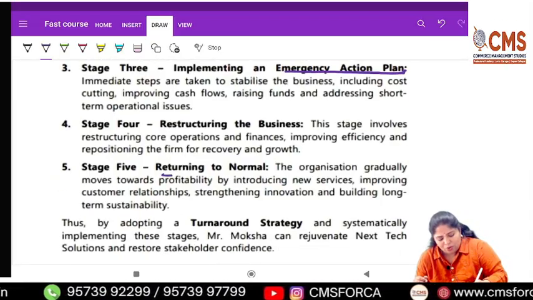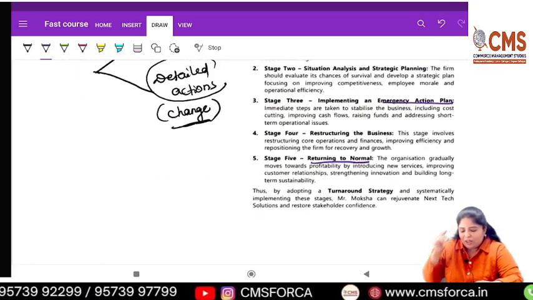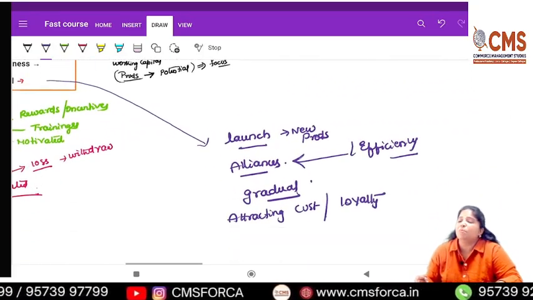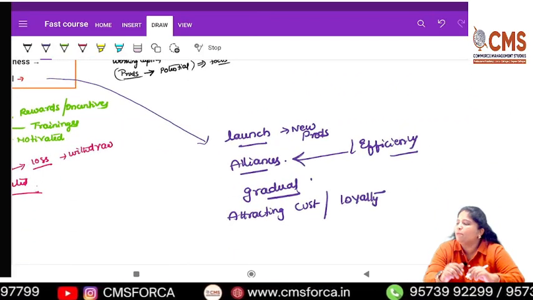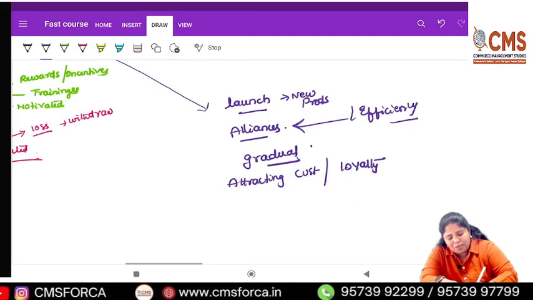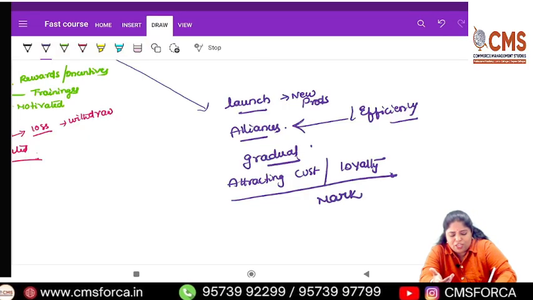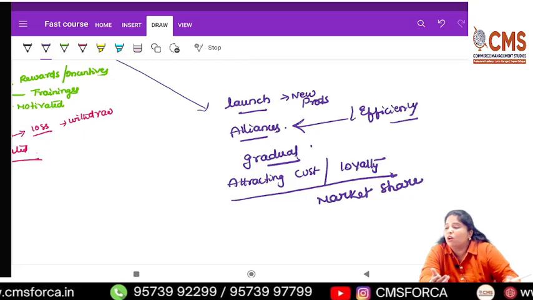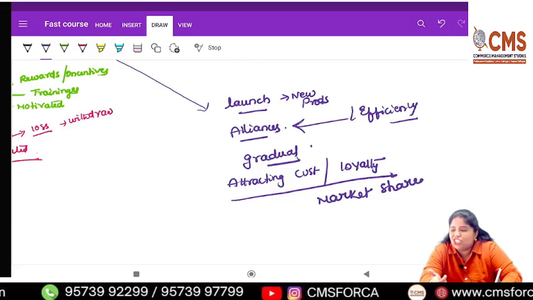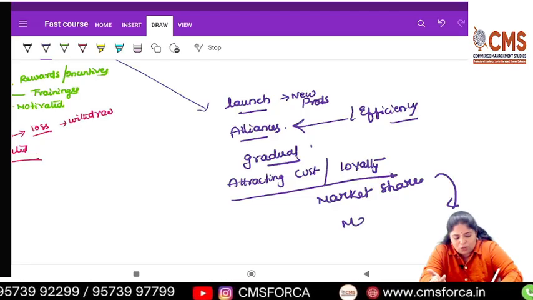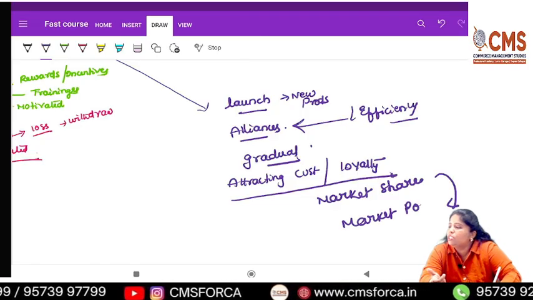Then you try to return back to normal. Now, can I say that towards restructuring your business, your market position also may improve? You are attracting more customers and building customer loyalty, because of which slowly over a period their market share will improve and consequently their market position also may improve.